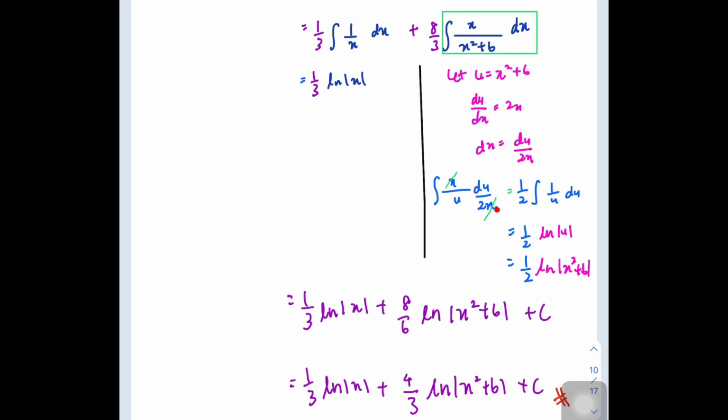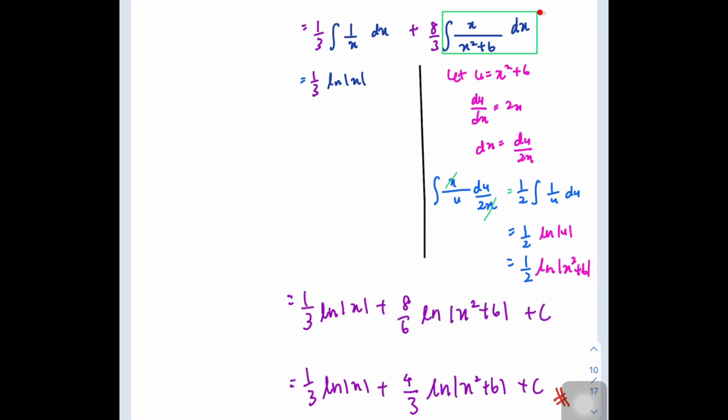So this is a common term, cancel out. Constant, take it out. So 1 over 2 integrate 1 over u du. This is just ln modulus u. And finally, let's back substitute the value of u. So now we have 1 over 2 ln modulus x squared plus 6.